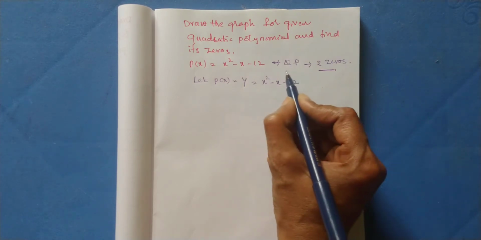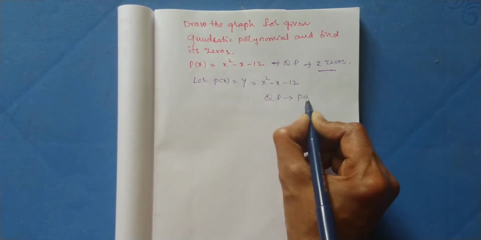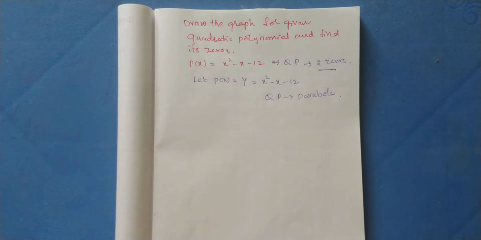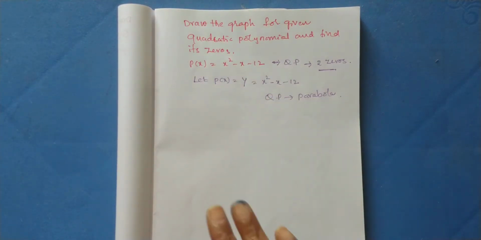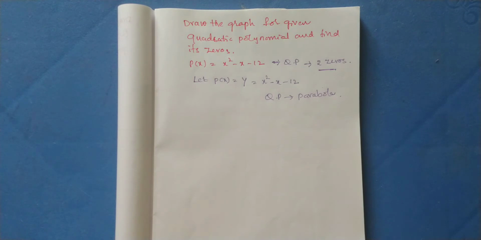The graph of a quadratic polynomial will be a parabola, which intersects the x-axis at two places, x equal to a0 or b0. If we find the zeros and take them as the x coordinates, it is very easy for us to locate the exact zeros on the graph sheet.